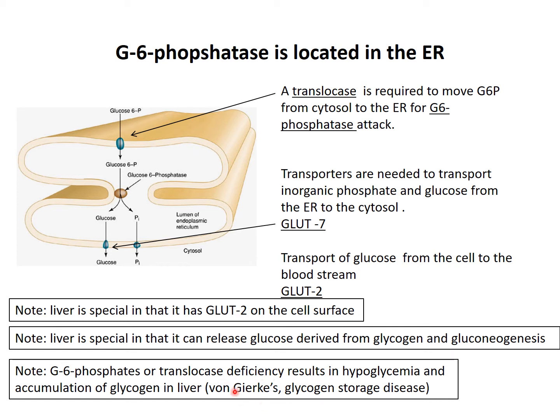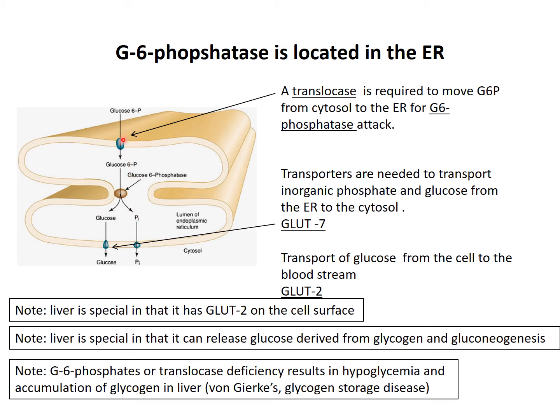We call it von Gierke disease, type A or type B when the enzyme is not working well because of mutations. We call it a glycogen storage disease just because the glucose 6-phosphate, which is coming from either gluconeogenesis or glycogenolysis, needs to use this lost enzyme, which is, again, as I said, liver specific.